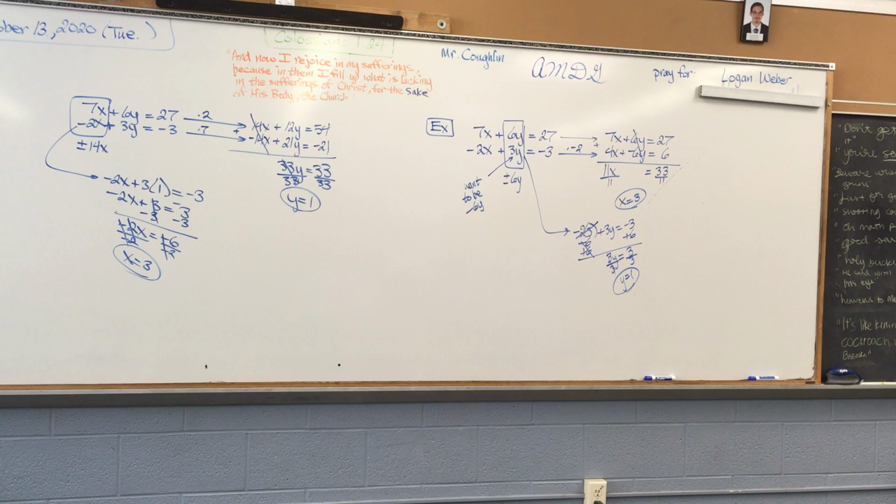Number 10, everything has a coefficient that isn't 1. I would not recommend substitution on that one because it's a beast. Trying to get x by itself, you're going to have fractions everywhere. So you can also use elimination, which is usually the method of choice.